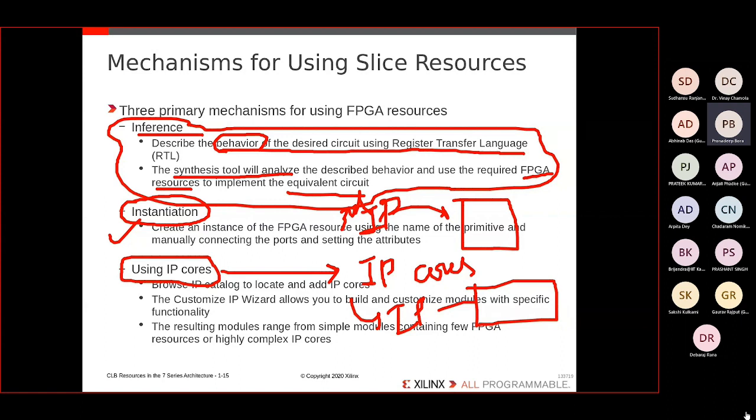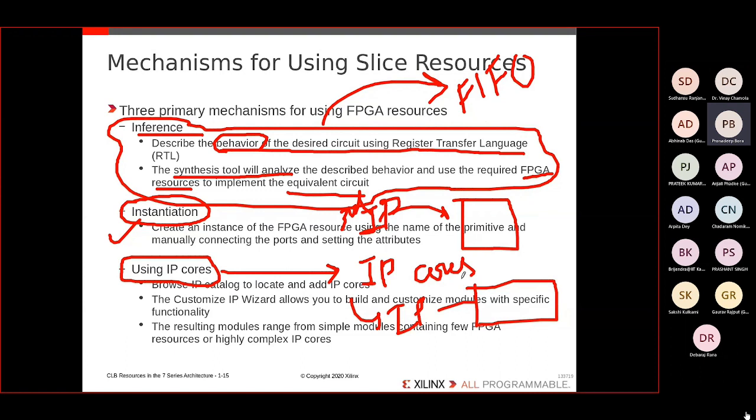But for inference, Xilinx never recommends implementing FIFO memory by writing code. FIFO means first in, first out memory. If I write the code, Xilinx says your code will not be 100% proper, because the tool is not intelligent enough to provide the correct resources.